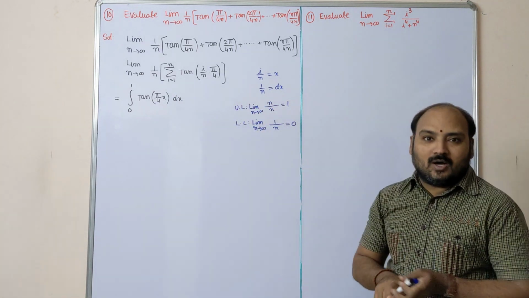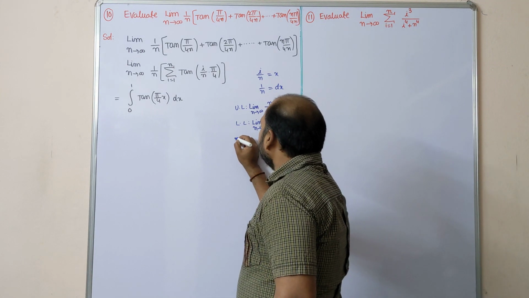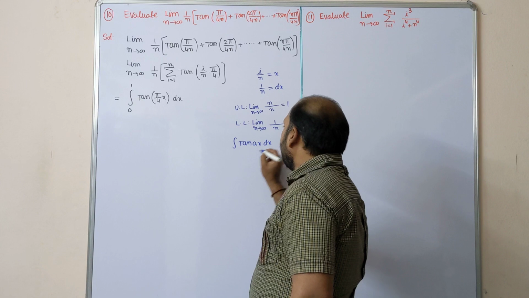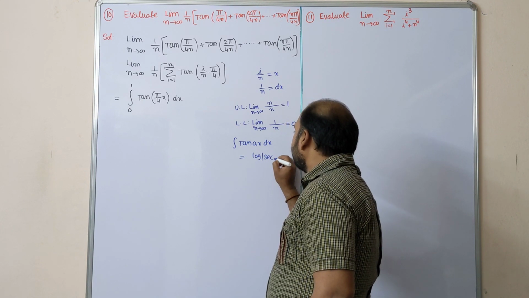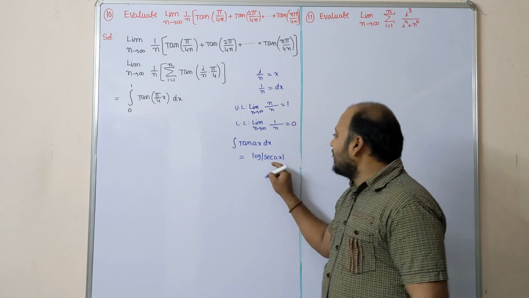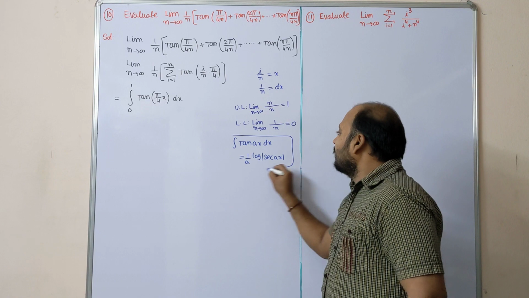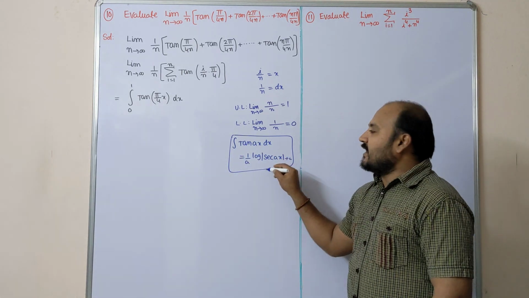We have a formula in integration. Integral tan ax dx is equal to 1 by a log mod secant ax plus c, where a is the x coefficient. So whatever x coefficient is there, that value comes.